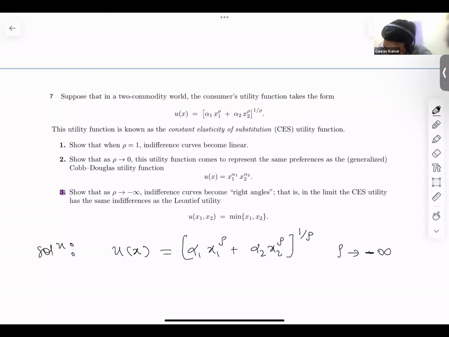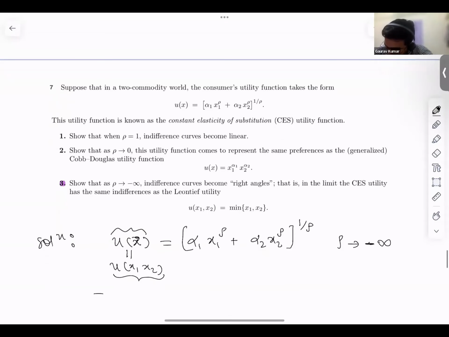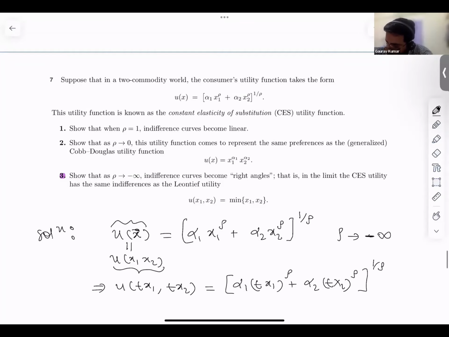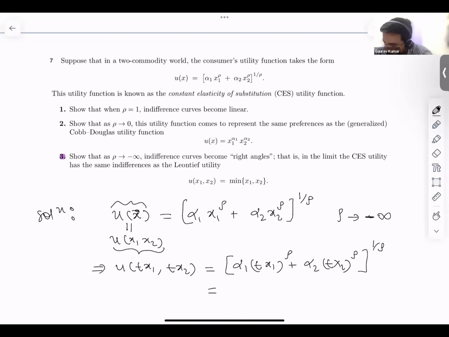The expanded version of it can be written as u of x1 comma x2. This is a vector notation and I am expanding it. Now let's take t x1 comma t x2 and substitute t x1 in place of x1 and t x2 in place of x2 everywhere. Then you solve it and you will get this.